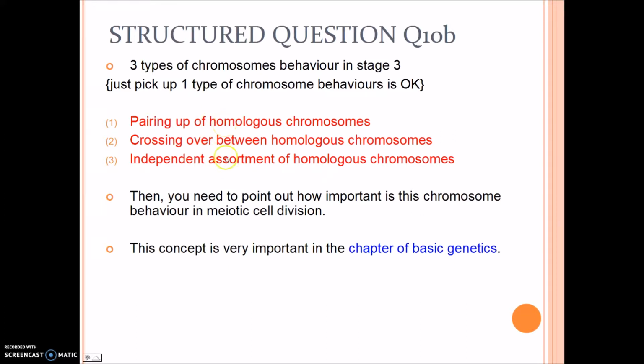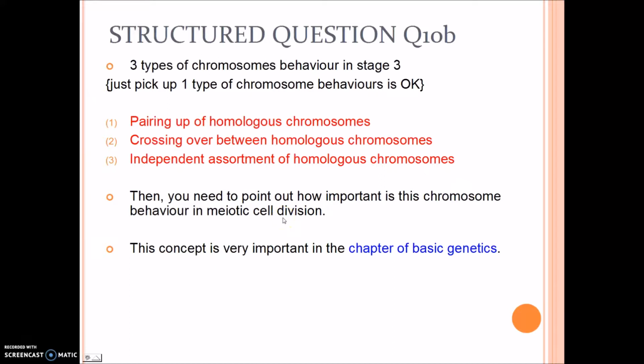Then tell me how important this chromosome behavior is in meiotic cell division. I give you the biggest hint: it is meiotic cell division, and these 3 processes are very important stages or processes. Chromosome behavior in meiotic cell division.